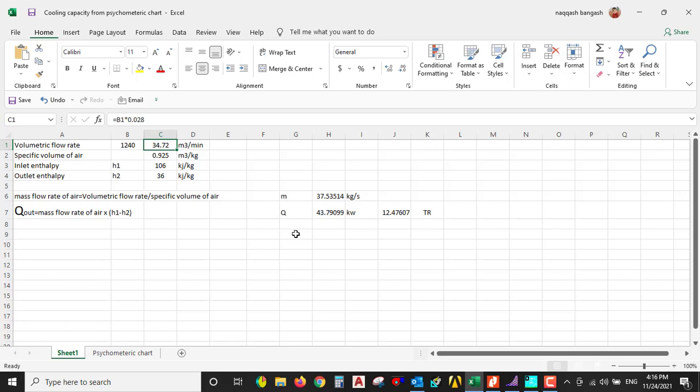To balance the equation, we multiply this CFM with 0.28 to convert it to meter cube per minute, and we will calculate the specific volume of air, inlet enthalpy and outlet enthalpy from the psychrometric chart. So we will calculate these three parameters from the psychrometric chart to calculate the coil load.